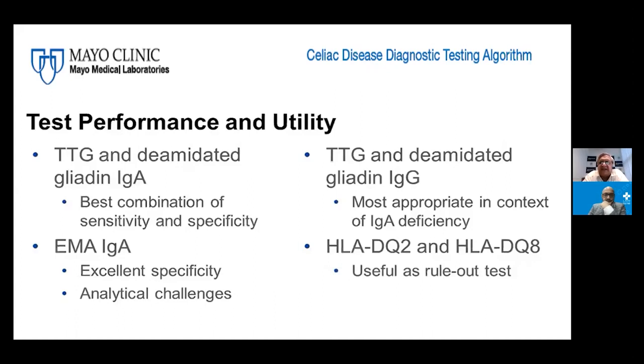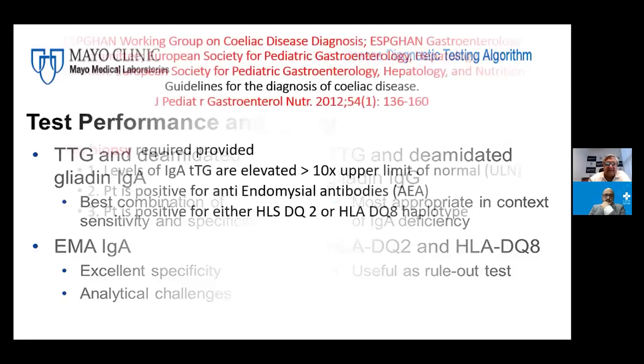TTG and deamidated gliadin IgG is most appropriate in context of IgA deficiency, and HLA-DQ2 and HLA-DQ8 are useful to rule out celiac disease, because their presence would only strengthen the diagnosis, but their absence would rule out that a person can have celiac disease.